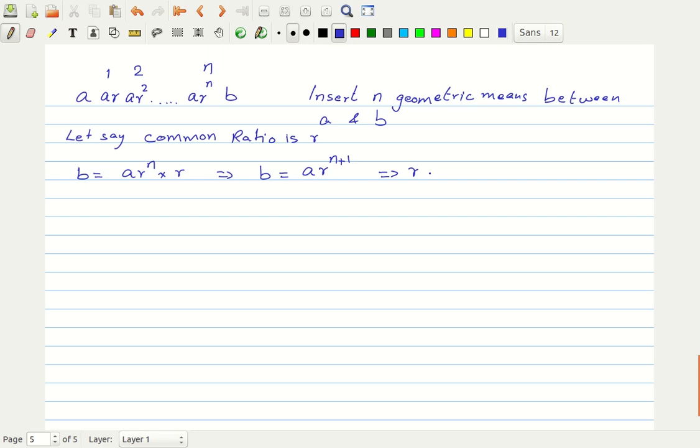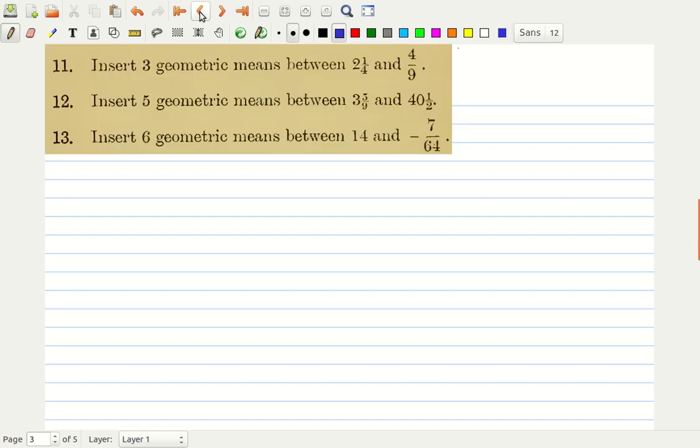R is going to be (B by A) raised to the power 1 by n plus 1, and once we know R, we can calculate the entire geometric sequence. So with this knowledge that R is equal to (B by A) to the power 1 by n plus 1, we can proceed to solve problem number 11, 12 and 13.